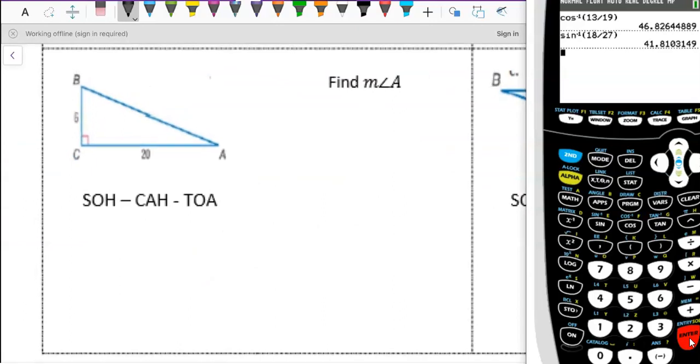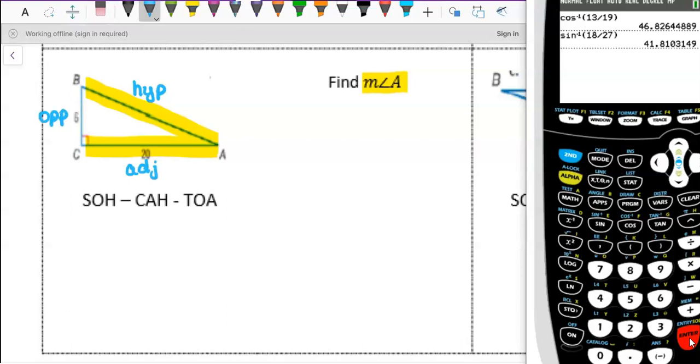Once again, we are looking for angle A. So let's highlight our reference angle and label our sides. This time, our adjacent is the side of our angle, and our opposite is straight across.